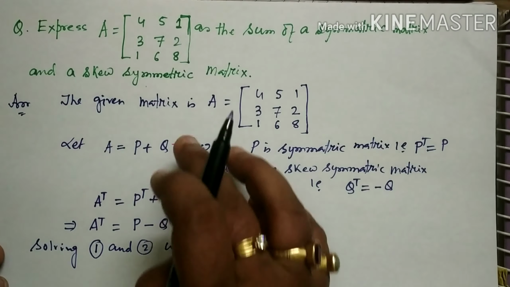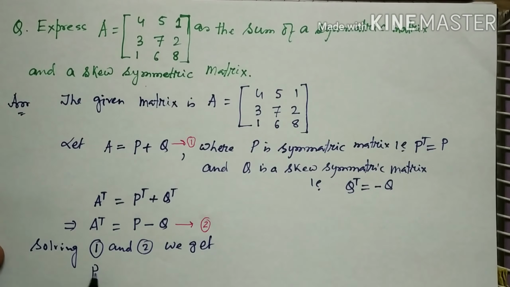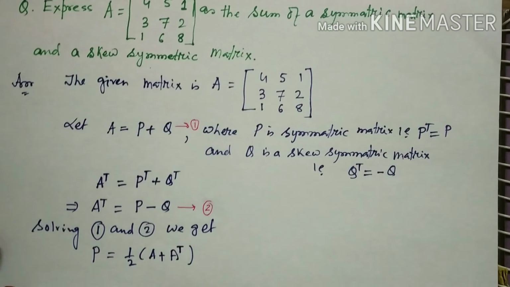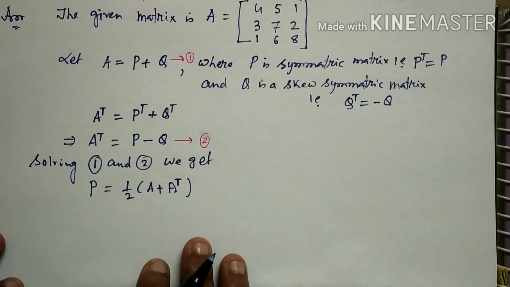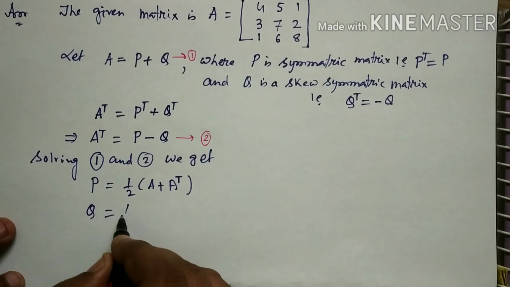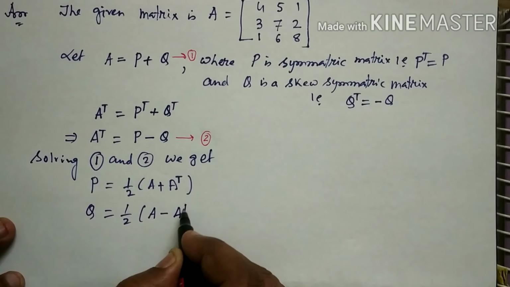Solving means if you add, the Q part will cancel. P is equal to 1 by 2 (A plus A transpose). Q is equal to half (A minus A transpose).